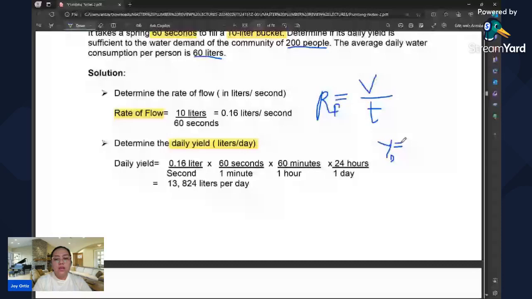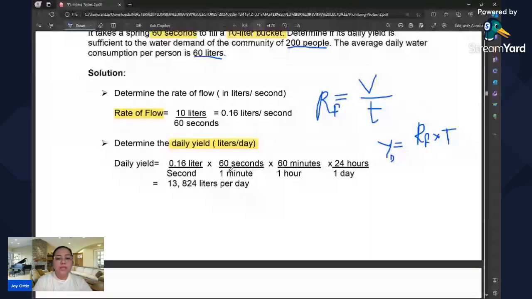Then times kung ilan yung time. Okay, yung day na ginagamit natin. So that is 0.16 liters per second. Gagawin natin siya per day. Kaya, yung daily yield natin is, times 60 seconds, 1 minute.